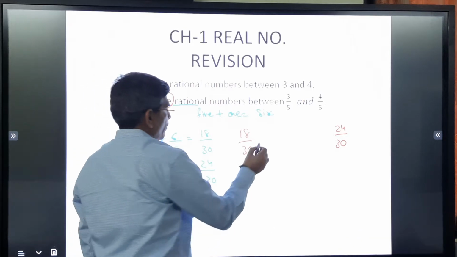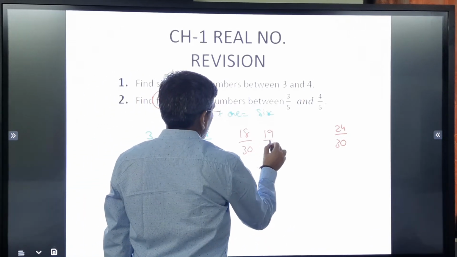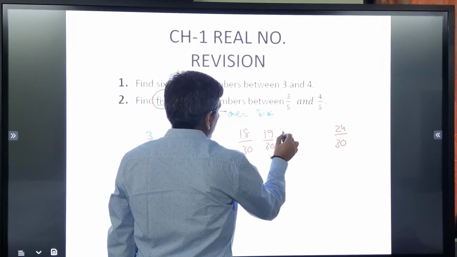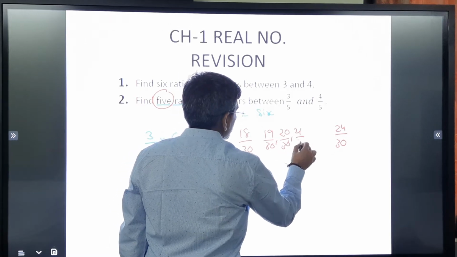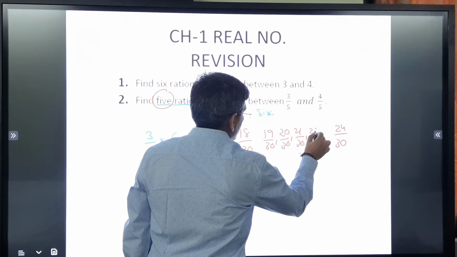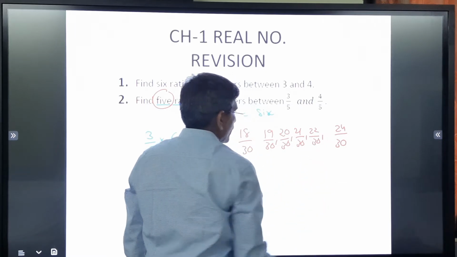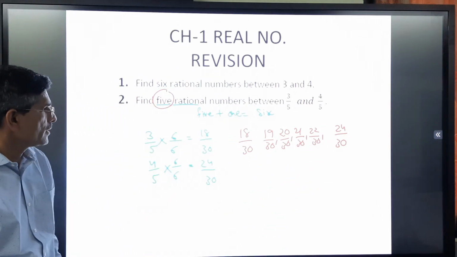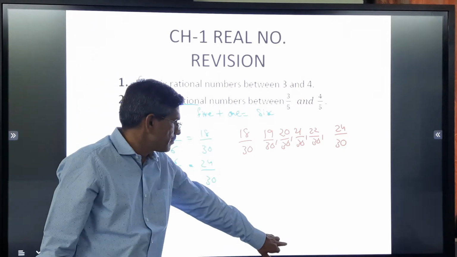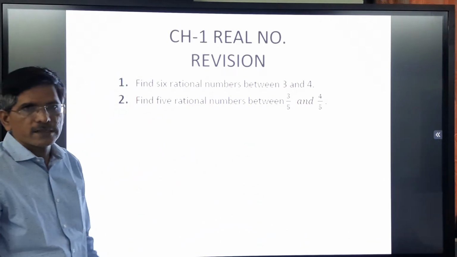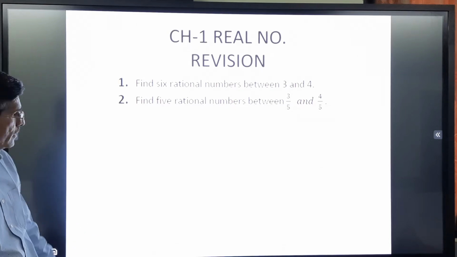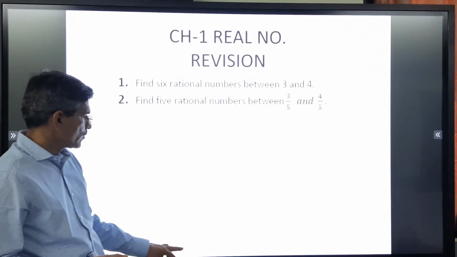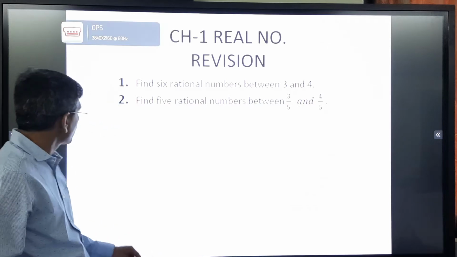We can write 19 upon 30, 20 upon 30, 21 upon 30, 22 upon 30, and 23 upon 30. So we have easily understood that concept. Questions number 1 and 2 are completed, related to how to find rational numbers.